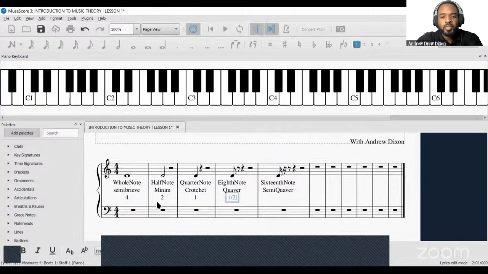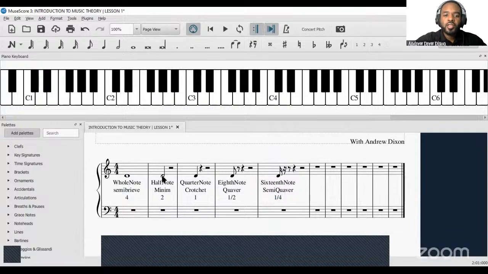Half of a count. And quarter of a count. So, if each measure must value 4, but this note only gets 2 counts, what do I need to do to complete this measure? I need to have 2 half notes, because 2 plus 2 equals 4.